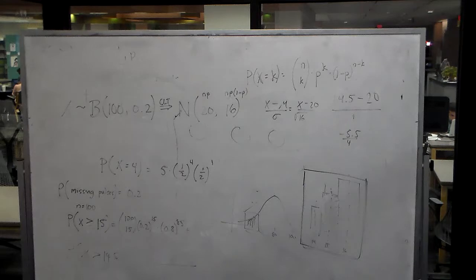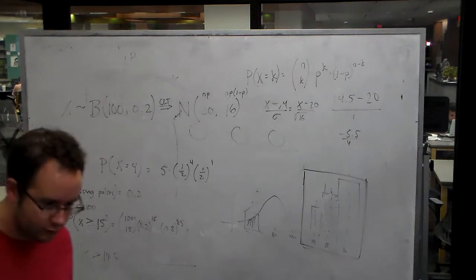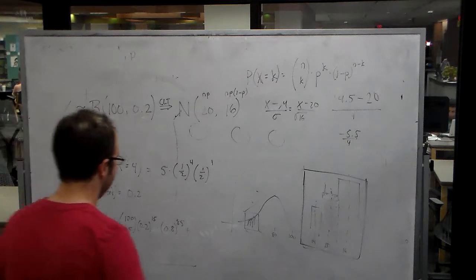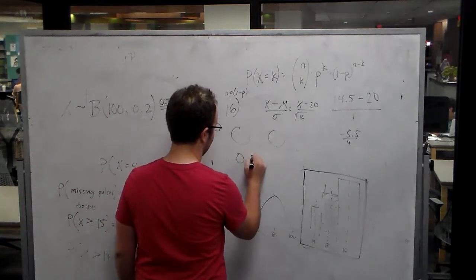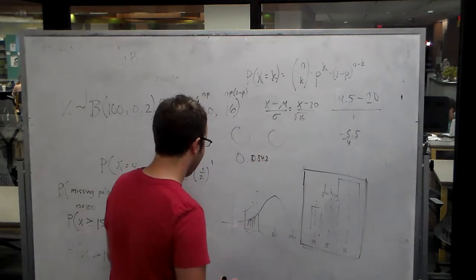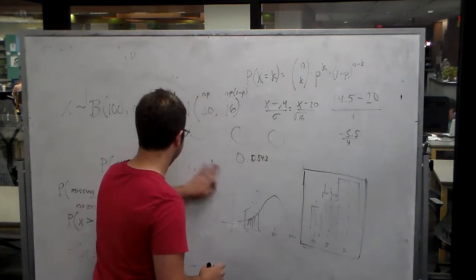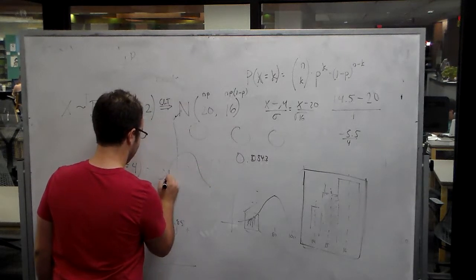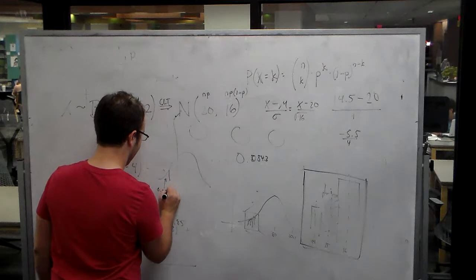Look for 1.375. We'll say 1.3. And we'll say right in the middle. 0.0853 and 0.0838 is like 0.0843. So what that's saying is that this left-hand tail is 0.0843.